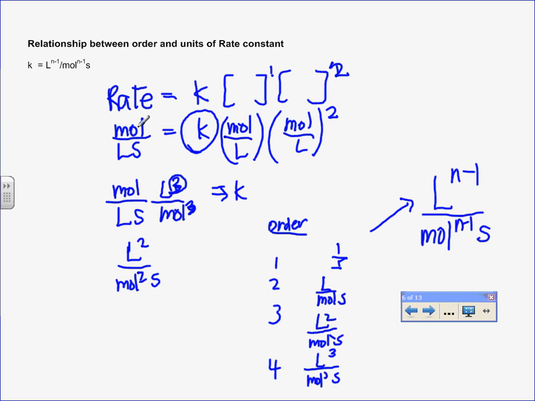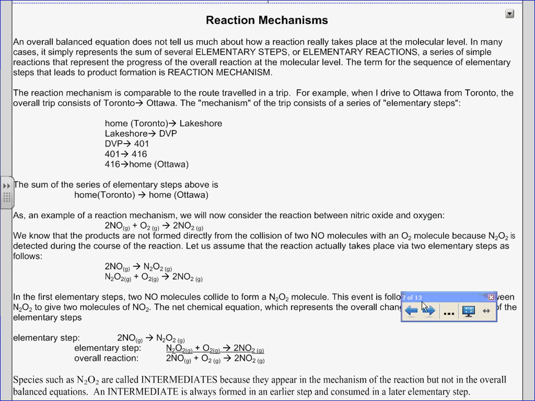You can either use the general formula for the units, or you can set it up and just solve algebraically to figure out what the units are. Okay. Now, there's another example in the notes for you to do, where you've got three different reactants.